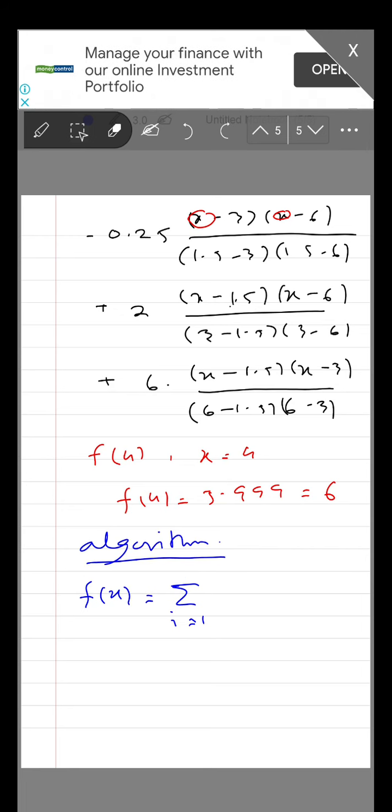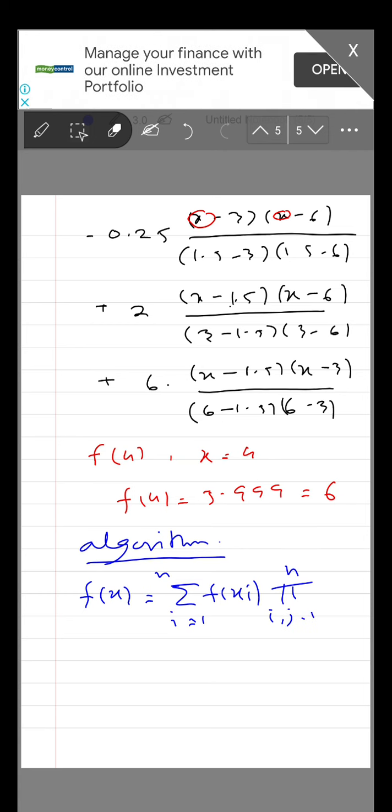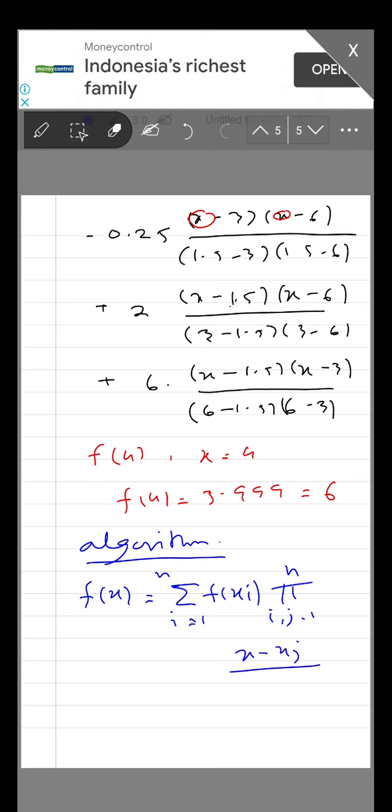Let's take the value n, fxi, then there is the product over j from 1 to n of x minus xj divided by xi minus xj.